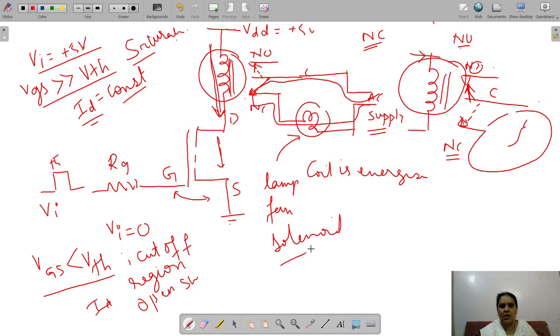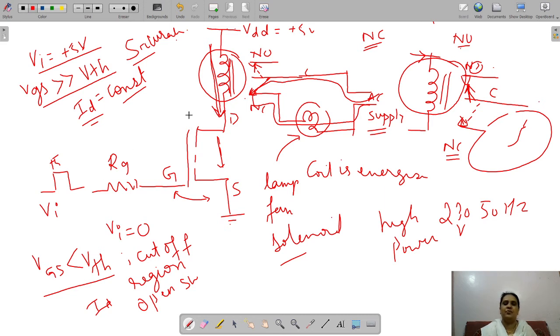Other devices, all high power devices operating at 230 volts, 50 hertz. So I can turn on the power devices with the help of a relay. By what principle?